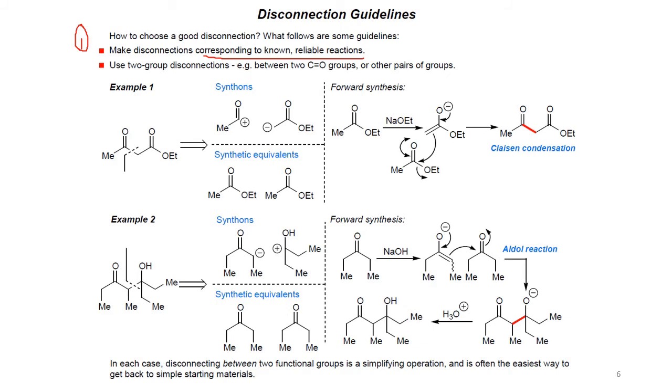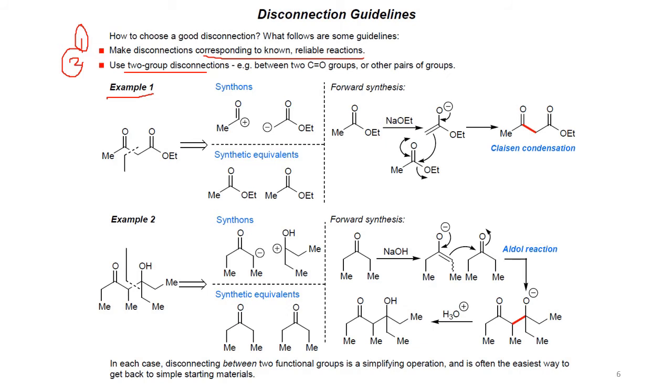The second is to use two-group disconnection, meaning between two C=O groups or another pair of groups. For example, example number 1 used two-group disconnection.